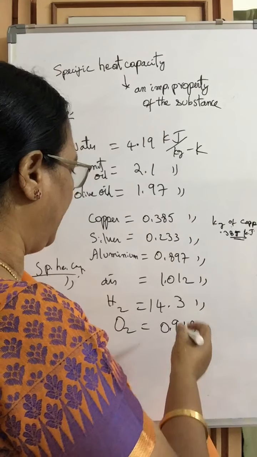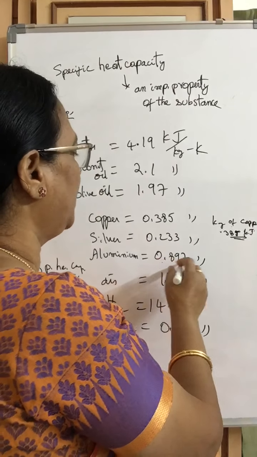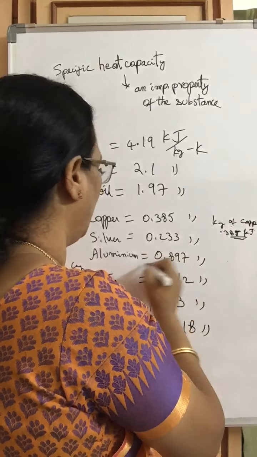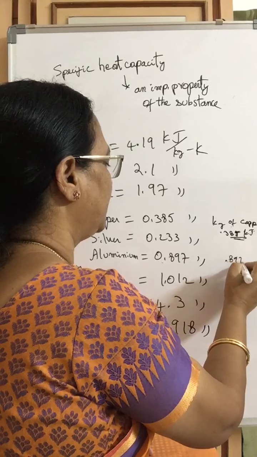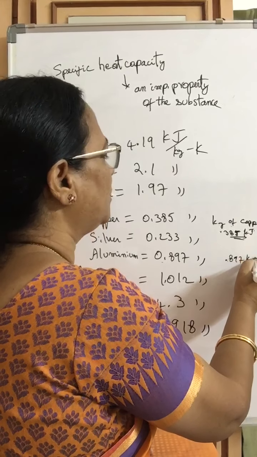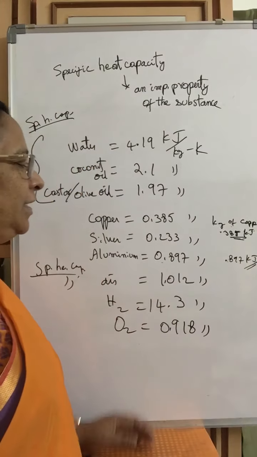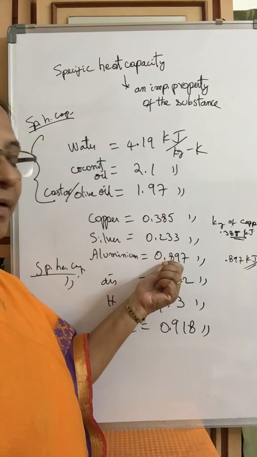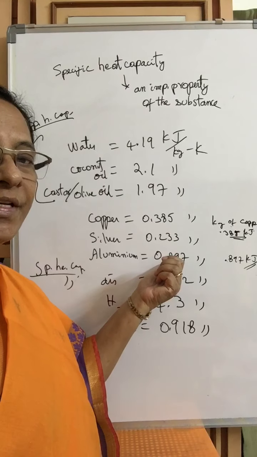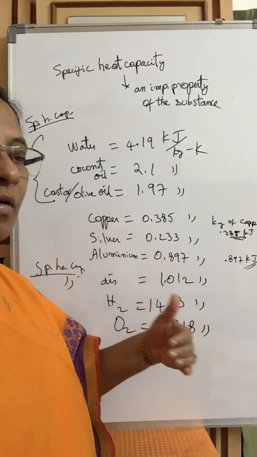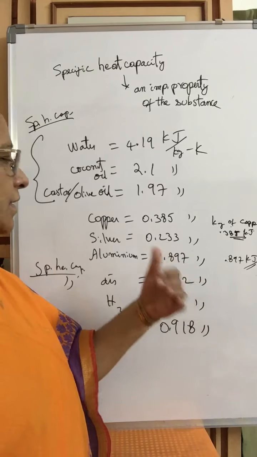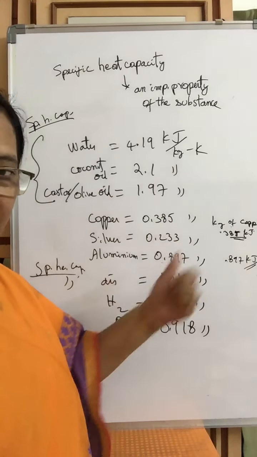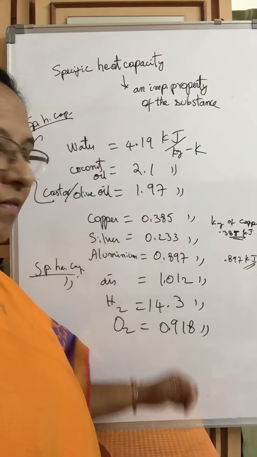For 1 kg of aluminium, 0.897 kilojoules of heat is required. For which case is more heat required? Aluminium. That means a greater quantity of heat is to be supplied to aluminium, and for copper, less heat is to be supplied.